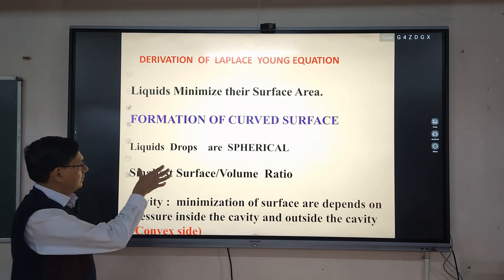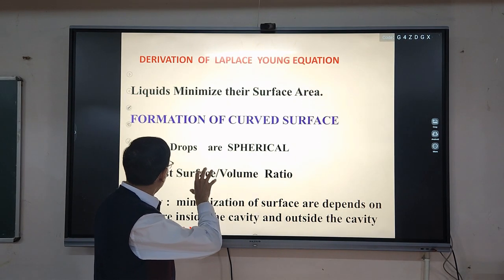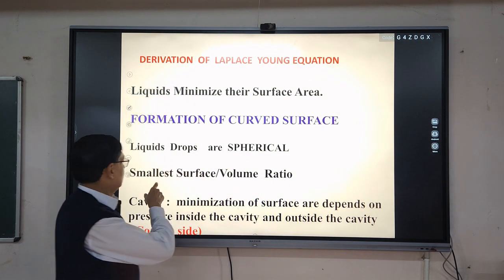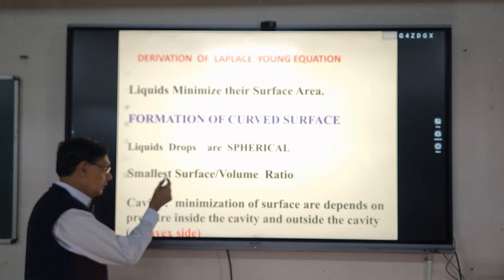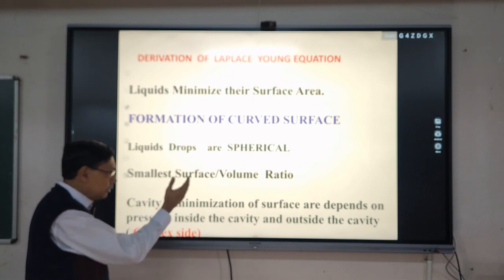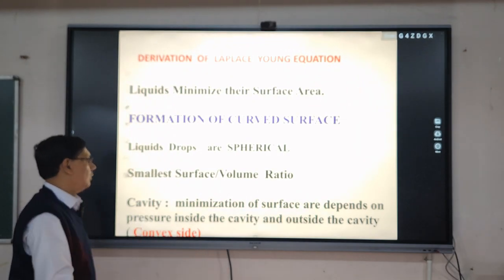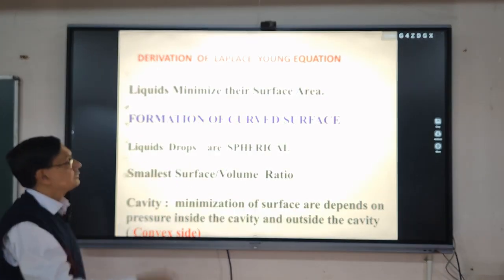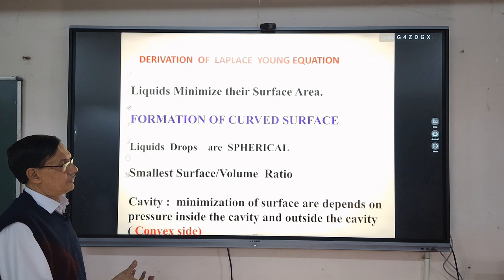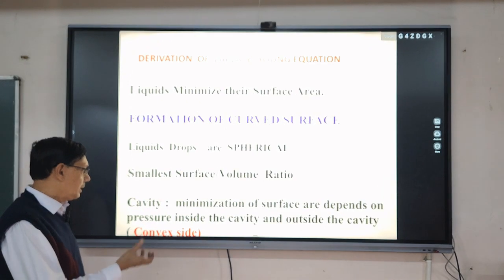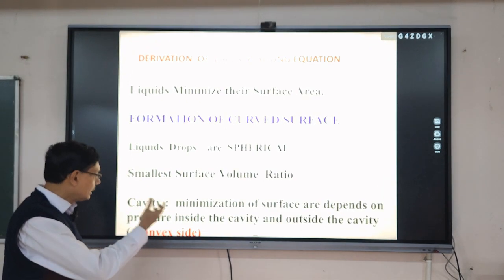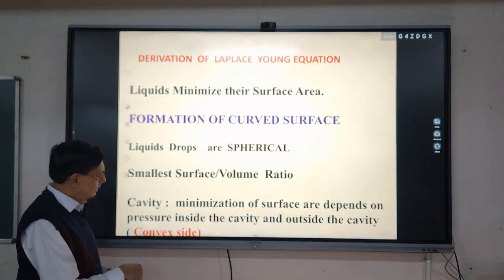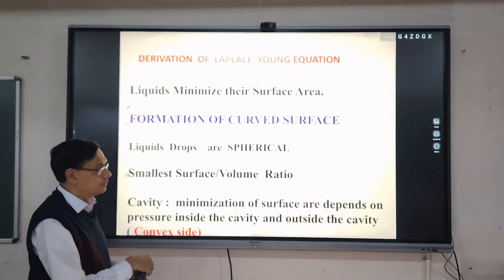That is why liquid drops are spherical, and if I want to measure the surface to volume ratio, it is also very small. This curved surface depends upon the pressure inside the cavity and outside the cavity. As you know, one is the convex side and the other is the concave side.